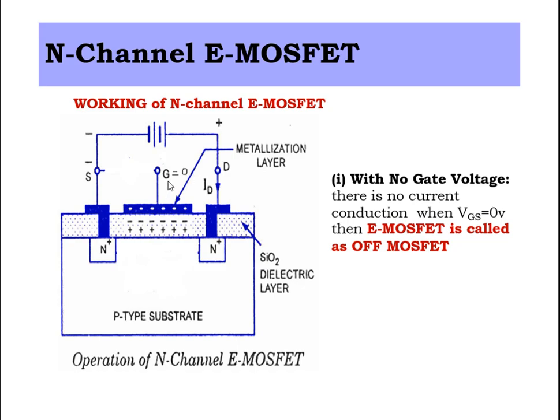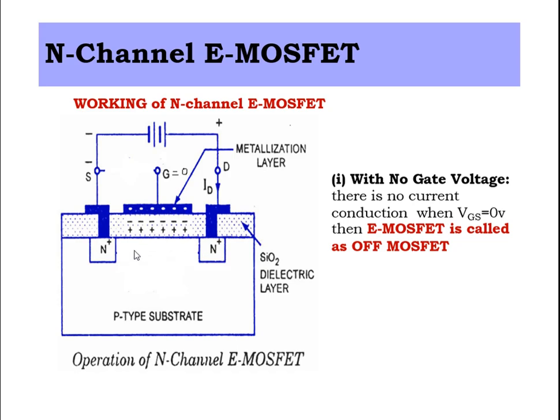So whenever the gate source voltage VGS is equal to 0, it indicates that no gate source voltage is applied, and we don't have any channel for current to flow from source to drain.